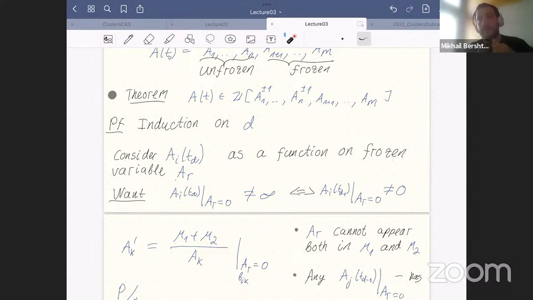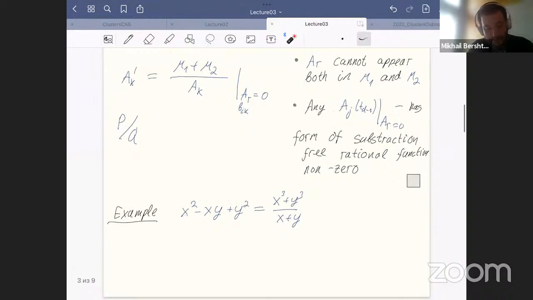So integrality holds if we just assume that the original values are ones. Okay, maybe this is difficult to say clearly. Let's ignore this comment. What I want to say is that this is a subtraction-free rational function.